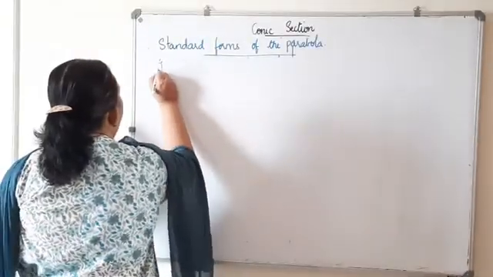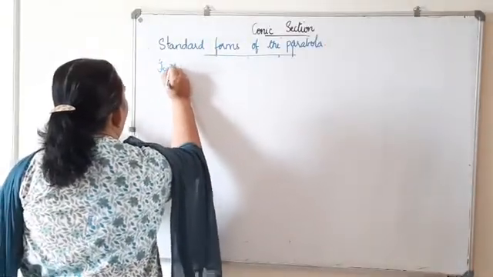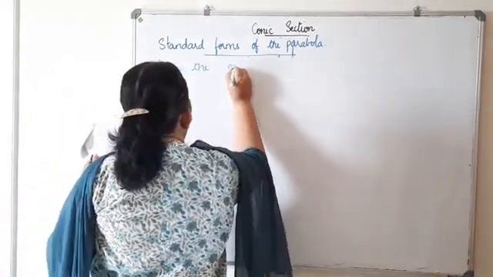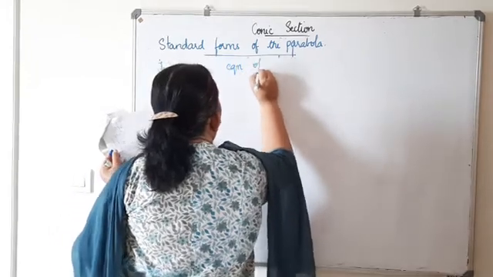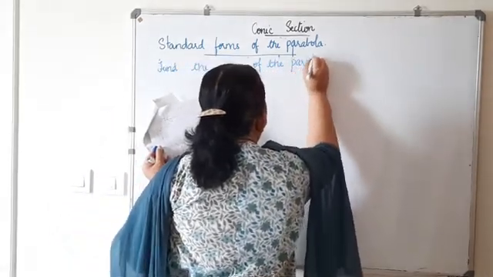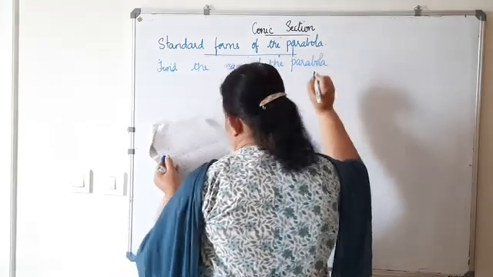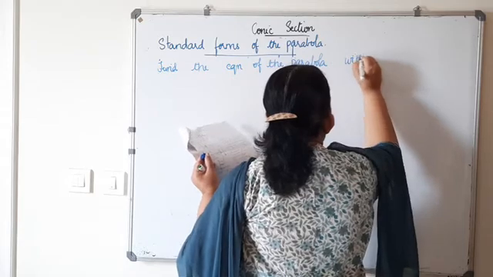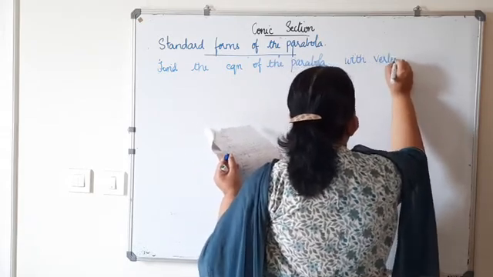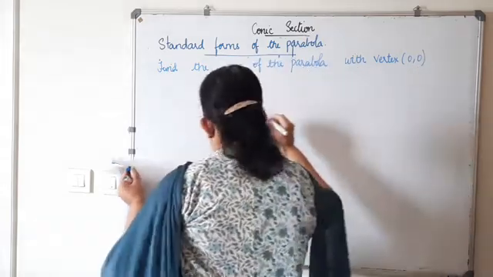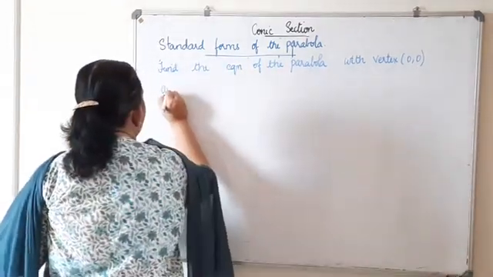Find the equation of the parabola with vertex 0, 0 and focus 0, 2.